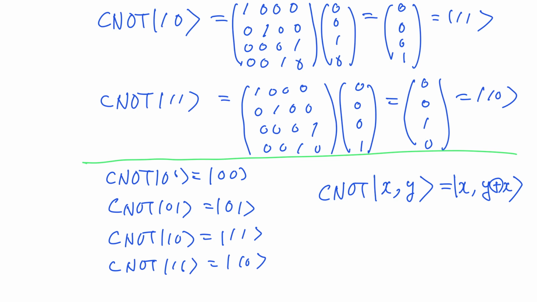So when x is 0, when you exclusive-OR with x, y doesn't change, right? When x is equal to 1, y exclusive-OR 1 means y becomes flipped, right? So this is a very useful operation.